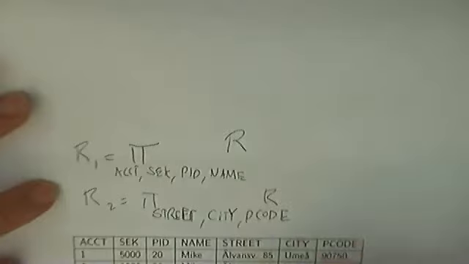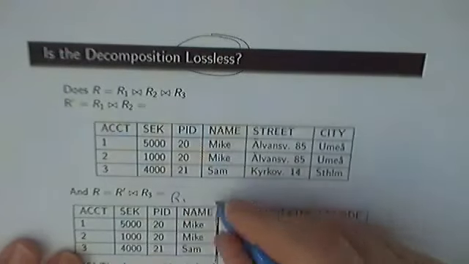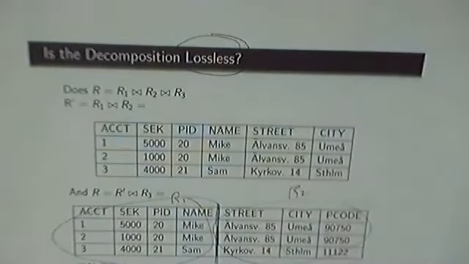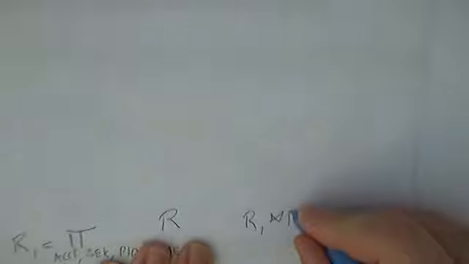So what we're doing is we're just ripping the thing apart based on here. This is where R1 is coming from, and R2 is coming from there. And then it's kind of a triviality here. But when we take these two, R1 and R2, and we say, does R1 natural join R2 equal R for all possible states?